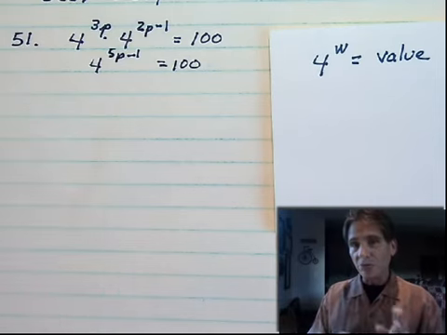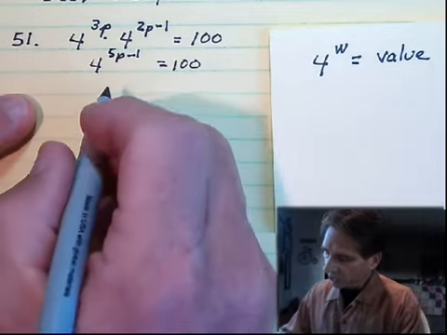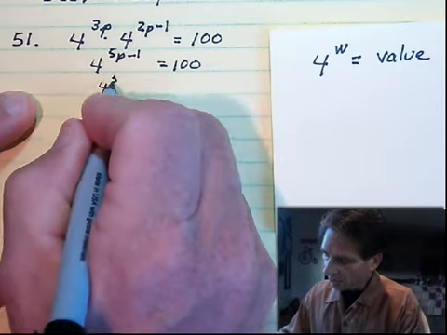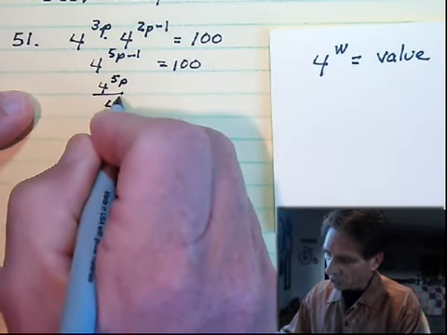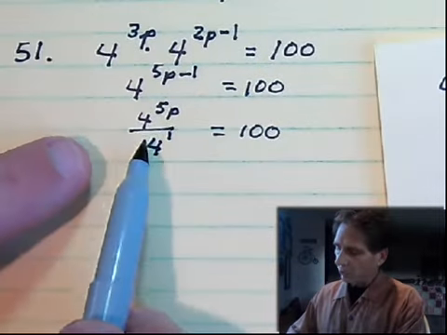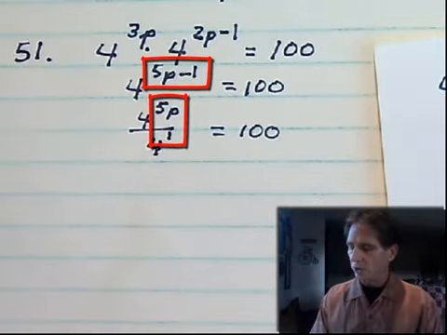And so I'm going to use the property of exponents in reverse here. So this is the same thing as having 4 to the 5p divided by 4 to the 1 equals 100. Notice that when we're dividing, we would subtract the exponents.